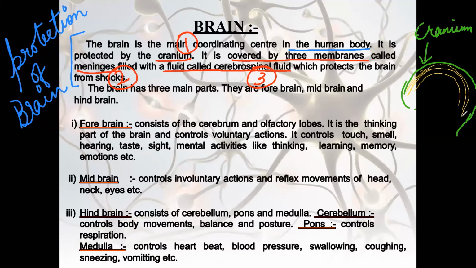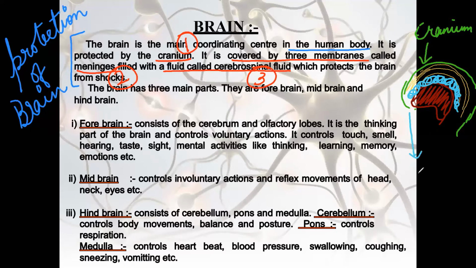Then again, below that, we have the brain. Let's assume this is our brain. And between this brain and cranium, there is a fluid. That fluid is known as cerebrospinal fluid.